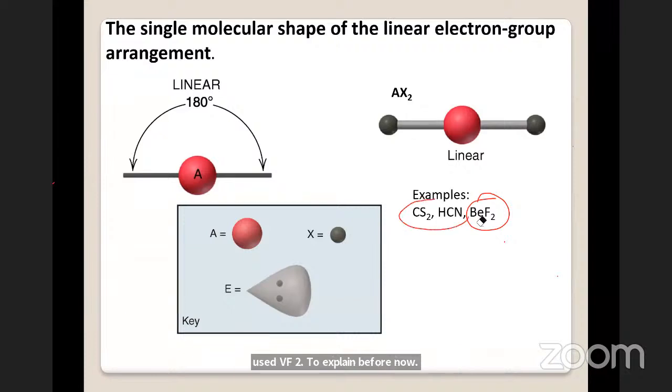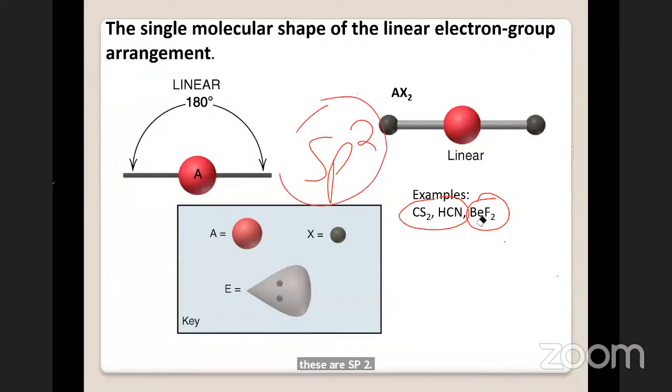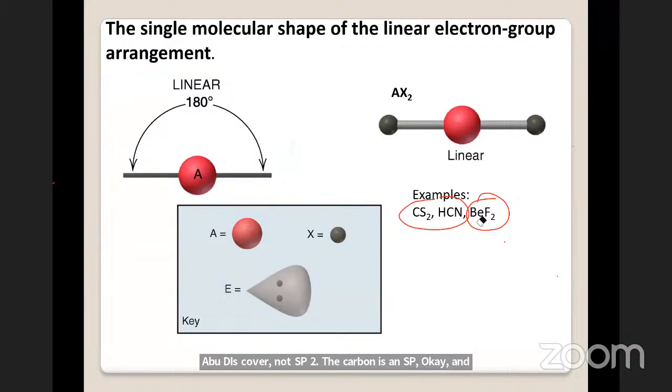But in the case of carbon disulfide and hydrogen cyanide, the carbon is an sp hybridized carbon, and in an sp hybridized carbon, you have a linear shape.